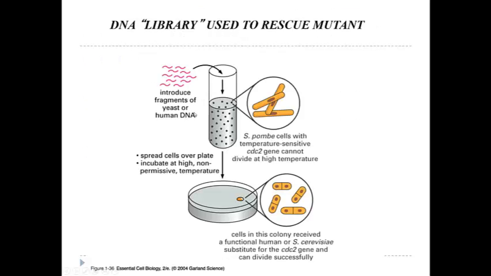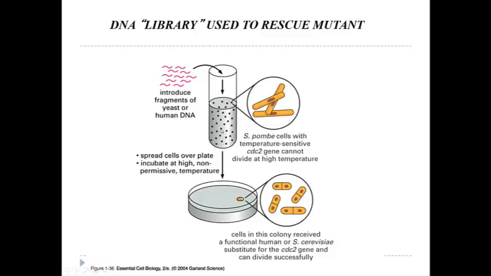So how does this help us to understand the question of whether these human proteins and the yeast proteins are functionally similar? What you can do is genetically engineer the yeast cells to carry either the DNA of yeast. So here we have the Schizosaccharomyces pombe yeast cells, and we could introduce DNA from the other type of yeast, the Saccharomyces cerevisiae.